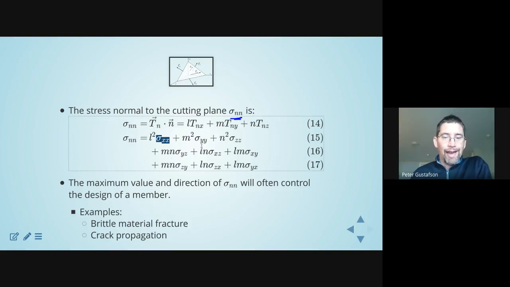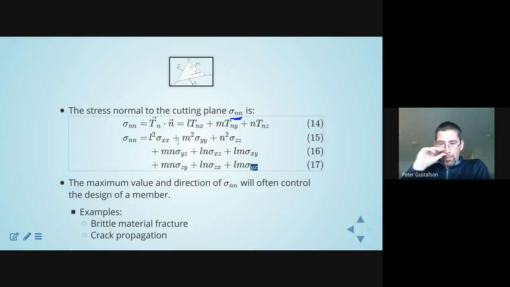You see it actually has a contribution from each of the 9 components: xx, yy, zz, yz, xz, xy, zy, zx, yx. Each of the stress components contributes to the normal stress. How much do they contribute? It depends on the direction cosines associated with the plane that you have cut.